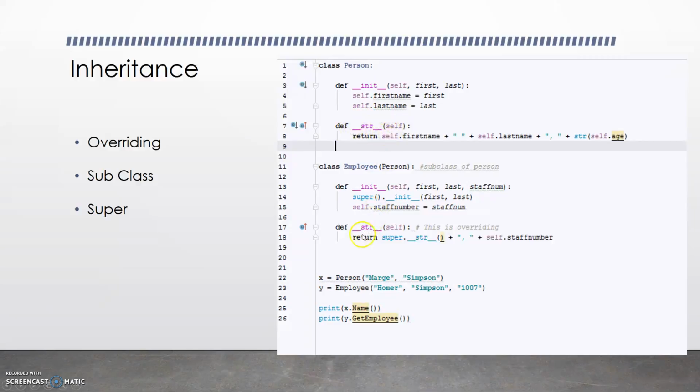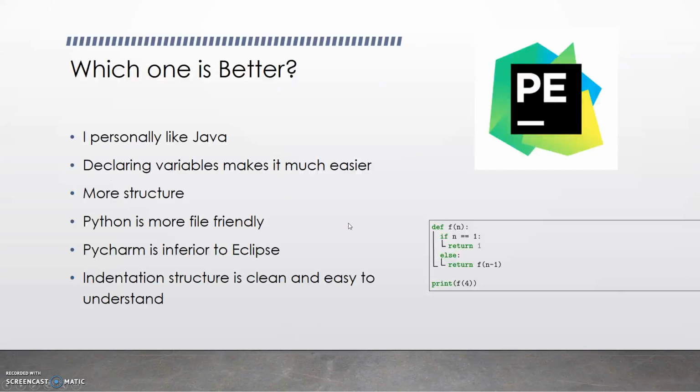You just got to call it the same and put it in a different class, and then it uses polymorphism at runtime to determine which one to run. And then here's an example. So we have X is a person object and Y is an employee object. So it's essentially the exact same.